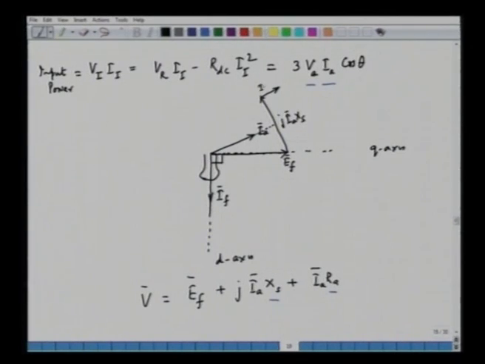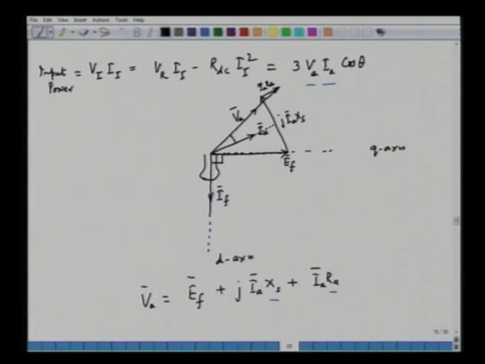This is IARA, and the resultant of this would be the terminal voltage, that is V, or VA. This is the power factor angle.